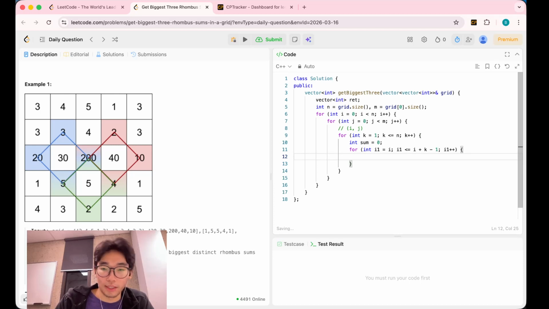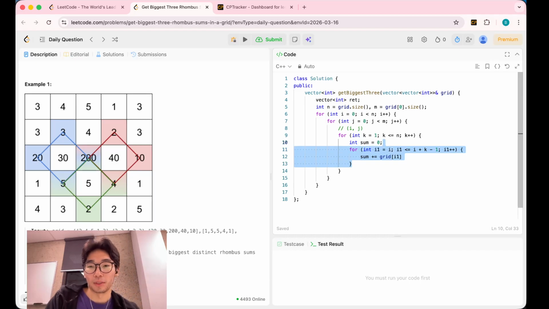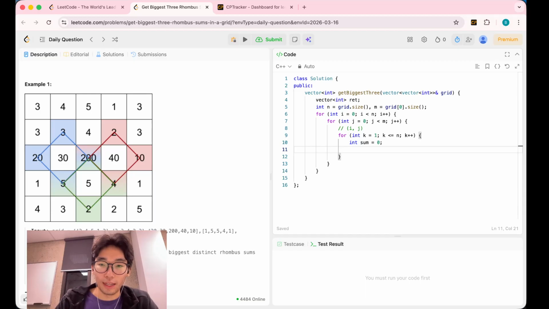Then the new x and y is... wait, instead of 4 we can do something like x and y.